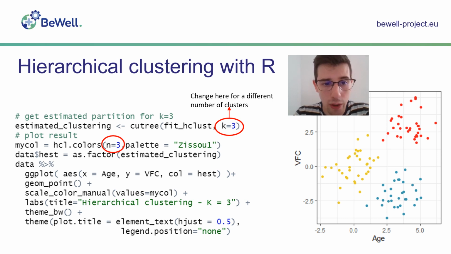Finally, to actually prune the tree and select a possible final partition, we must use the cutree function. This is used exactly the same way as rect.hclust. Its output, named estimated_clustering, is a vector containing the labels that define the final partition. We can plot it exactly like we did in the module for the k-means.